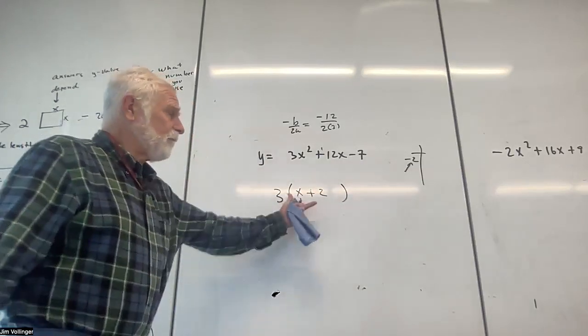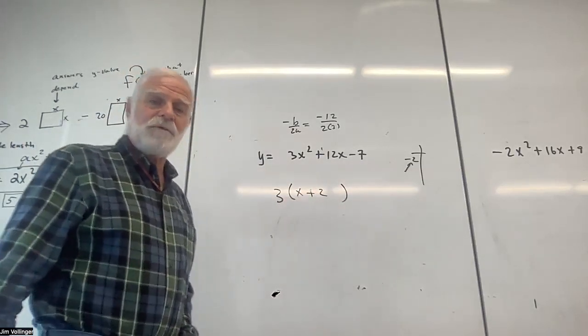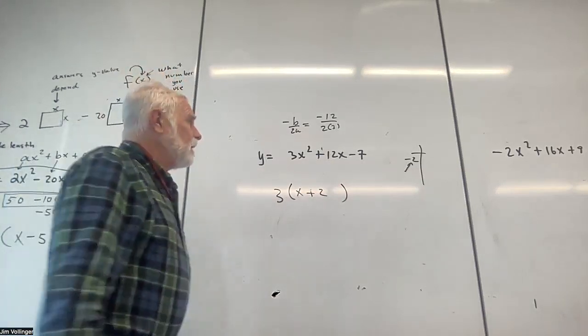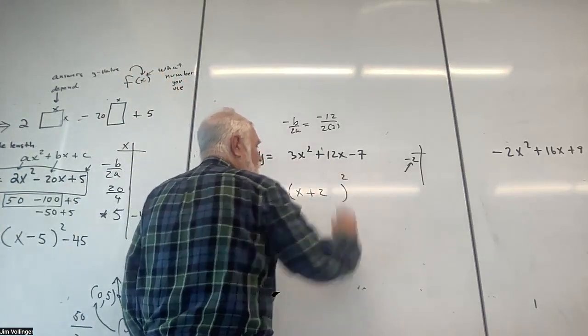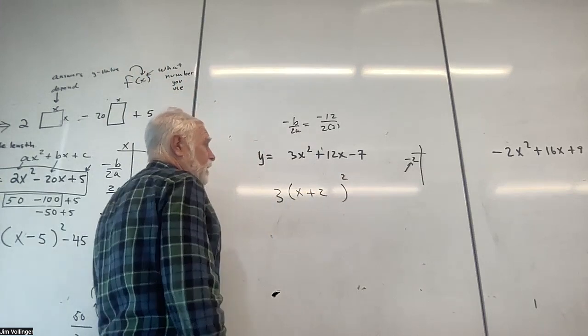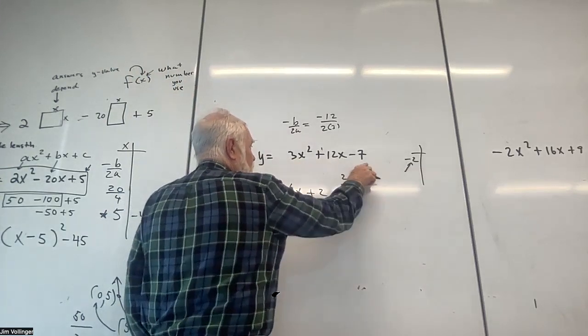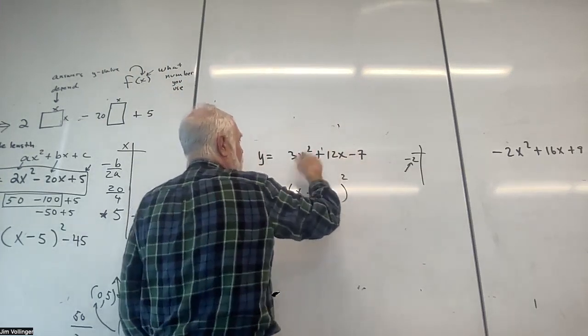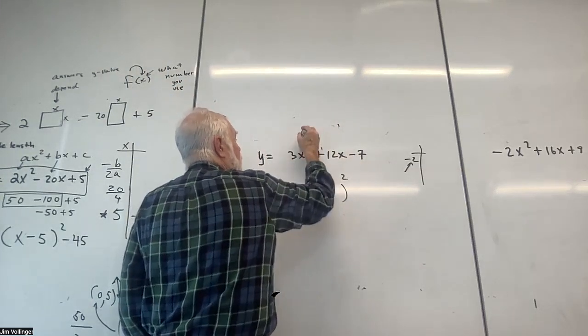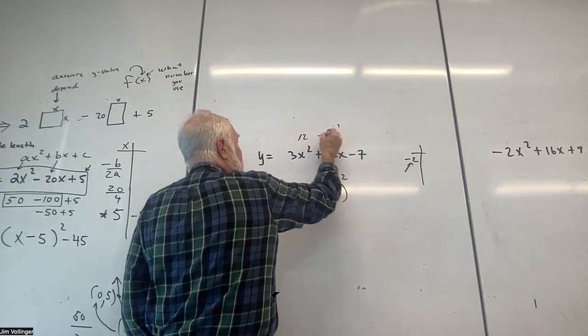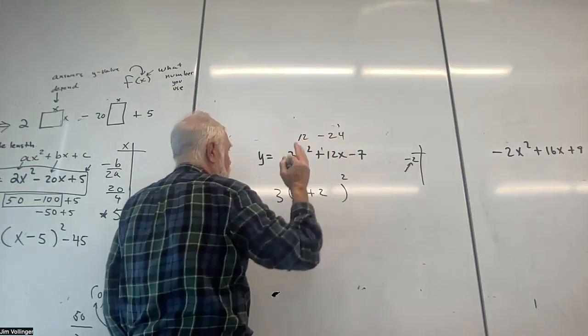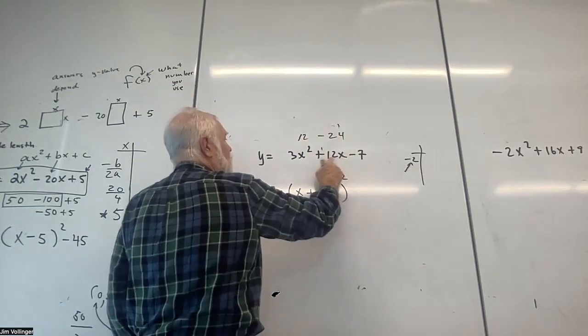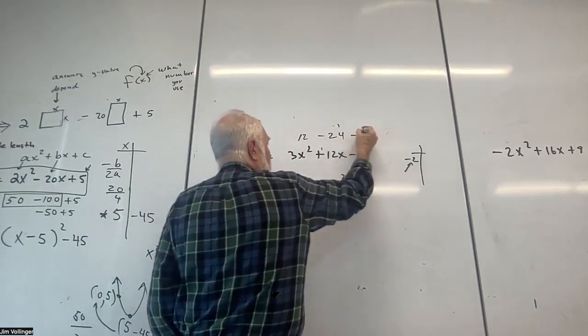Not doing anything different with this parentheses than we did with the equation of a line. And then, of course, I have squaring. And if I put negative 2 into the equation, I get 4 times 3, 12, which means that's got to be minus 24, or I got the wrong number. Oh, minus 2 times 12, minus 24, minus 7.